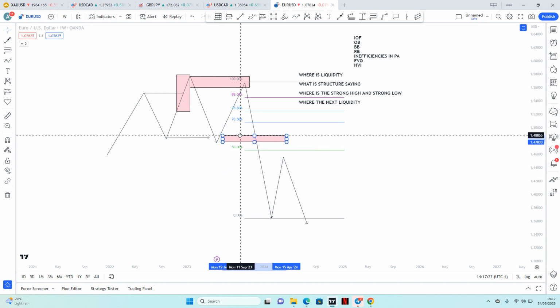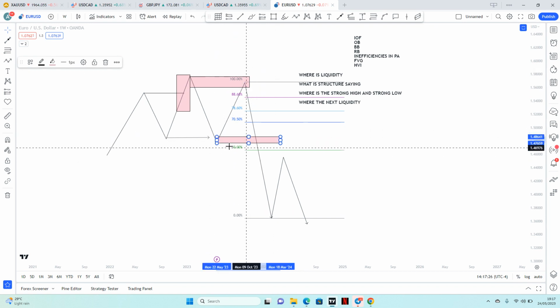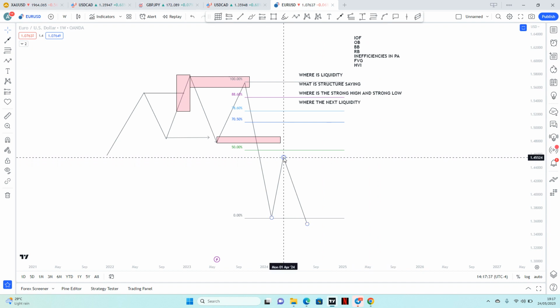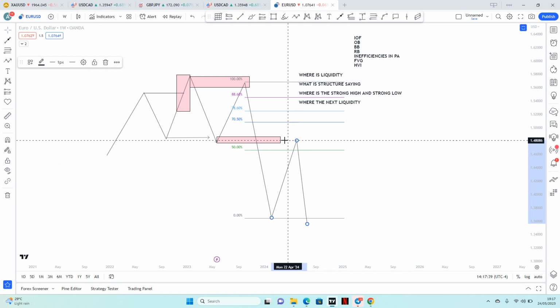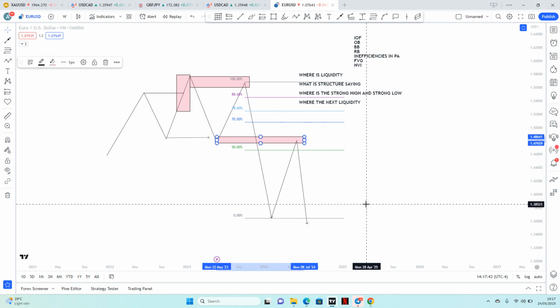Now, take this again. The candle that breaks this demand zone must be an impulsive candle. If you don't understand what I'm saying, go back to that picture I sent you on Nasdaq, where I said everything I'm going to teach in the next video is in this picture. Yes, it was when I changed my chart to blue and black.